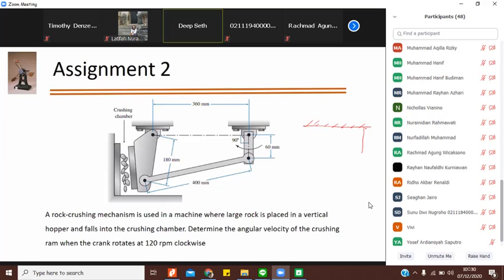which has this link A over here. Let's say this is your B. And then it has a connection from here to here, let's say this is C. Okay.